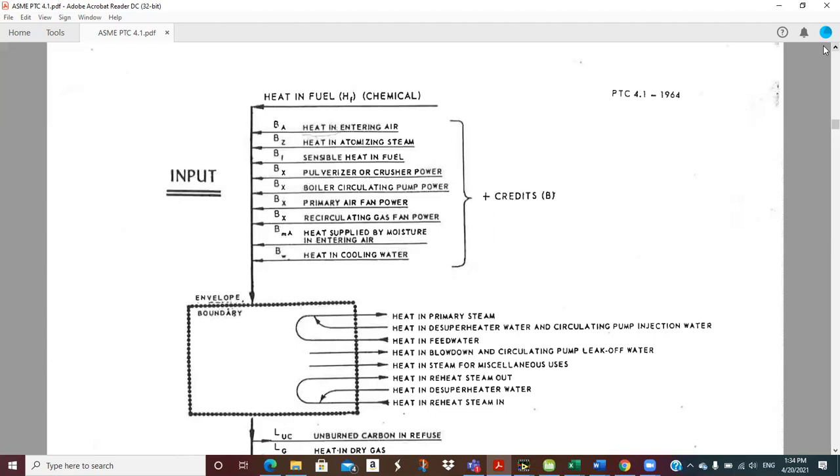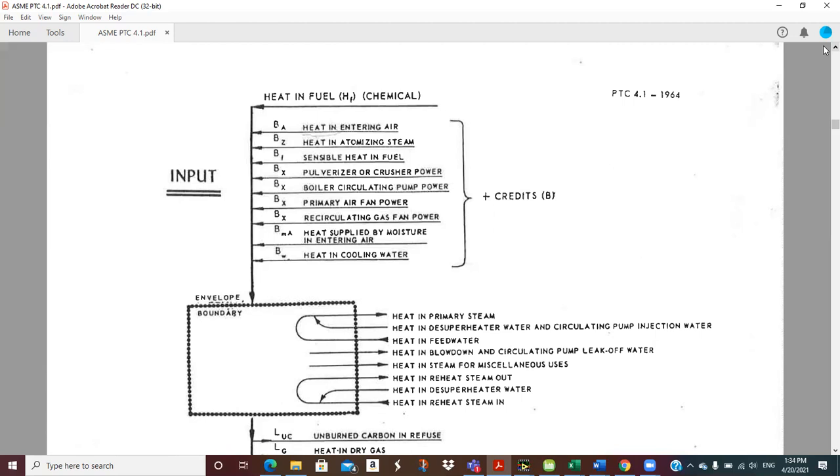So it's really a pretty complete document. But anyway, so you see the heat in the energy bound up in the coal. The ultimate analysis on fuel.